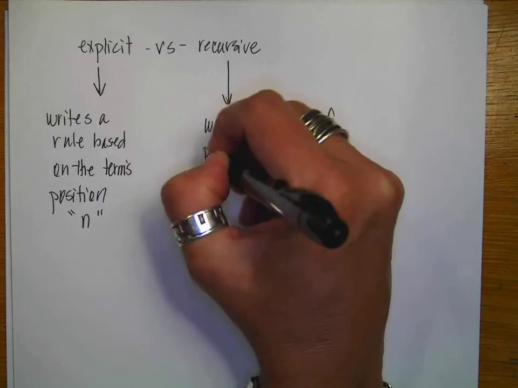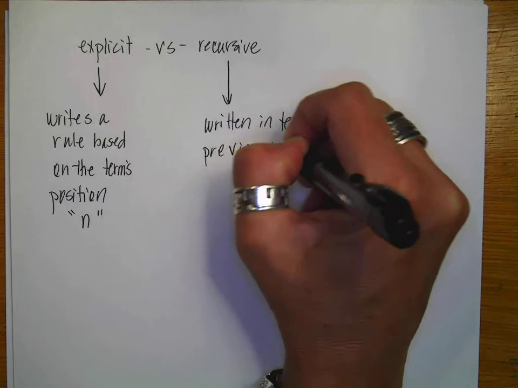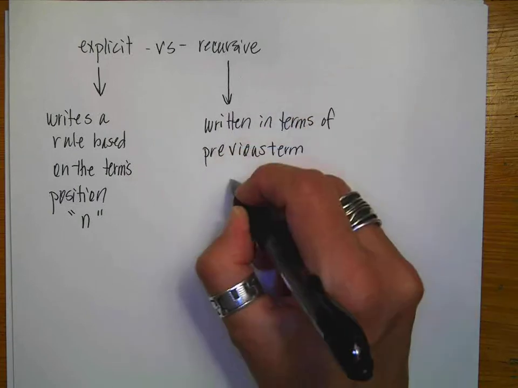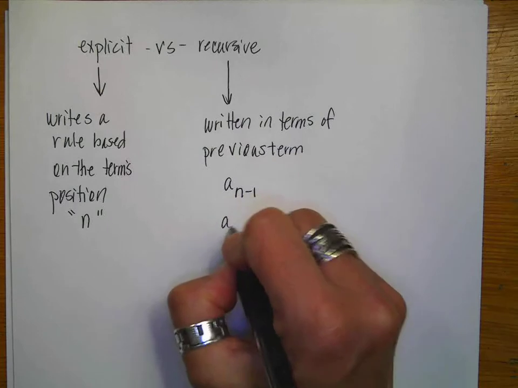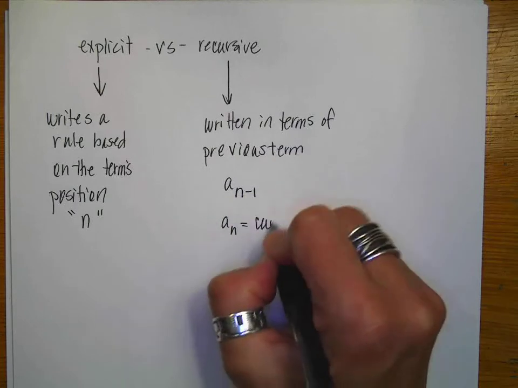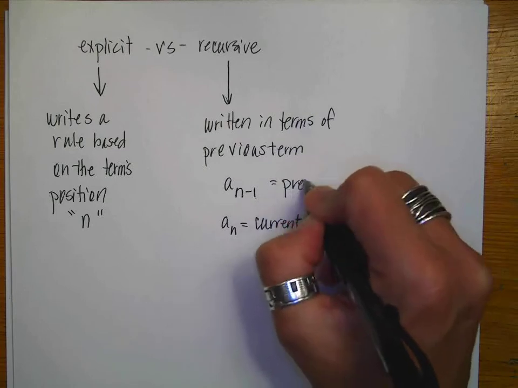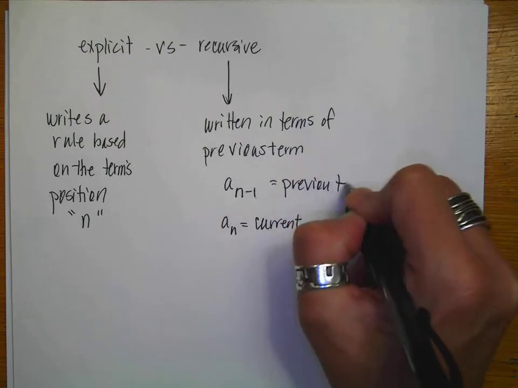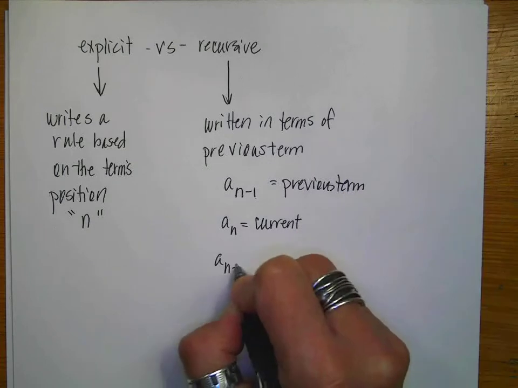in terms of the previous number, or I'm going to write term, okay? So that would be a sub n minus 1. If a sub n is the current term, a sub n minus 1 is the previous term, okay?